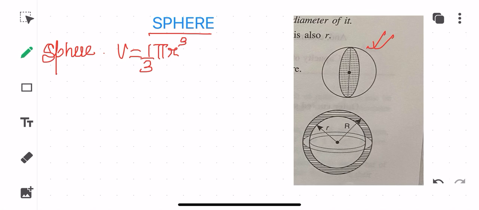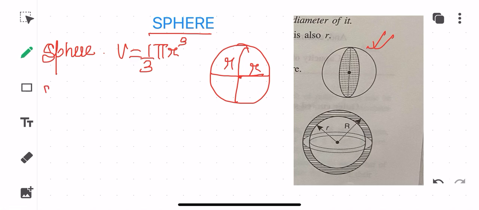So for the sphere we will be talking about only the radius and we won't be taking into consideration the height, because the distance from the center to the boundary is the same, and that is equal to the radius. So this is V is equal to 1/3 pi r square.